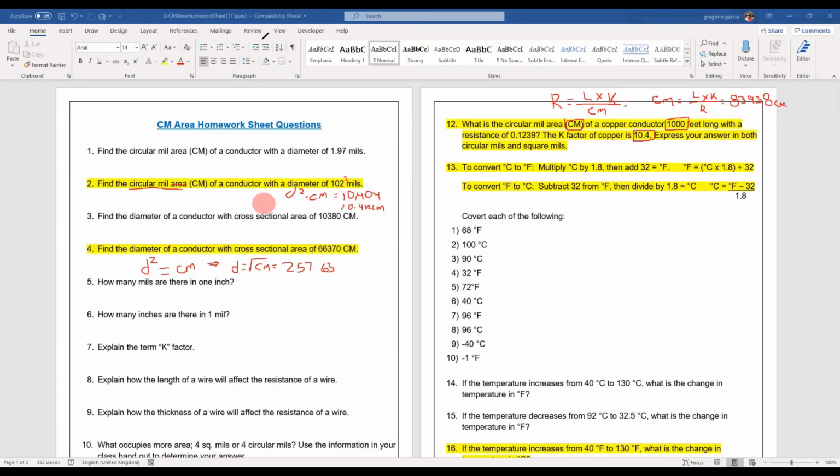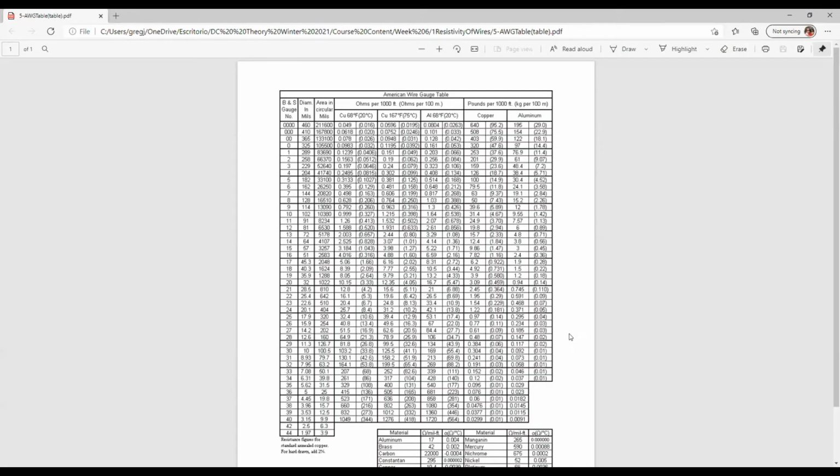Now I'll take you back to the table. If I want to know what is going to be the gauge of that wire, I know that I have 83,938 circular mils. So what is the closest wire gauge that we have from the table? Just give me 1 second here so I can show you that table once more. That's the table.